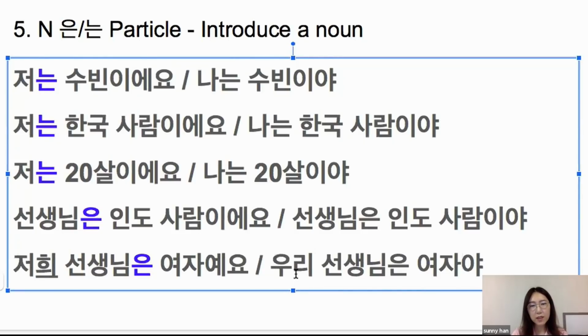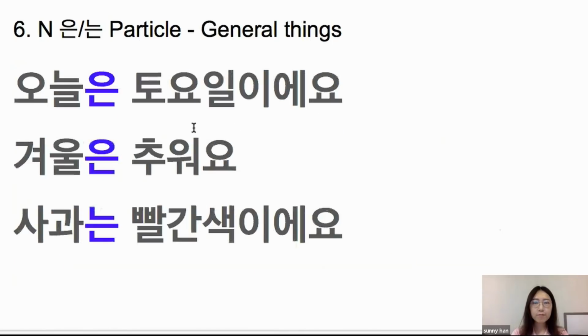So when we speak, we sometimes mix informal and formal in one sentence. So it sounds a little bit friendly, even if we use formal way. So we sometimes mix. Okay.